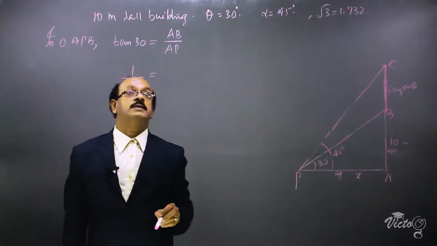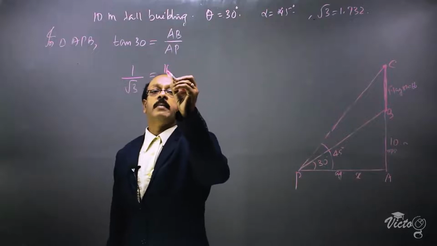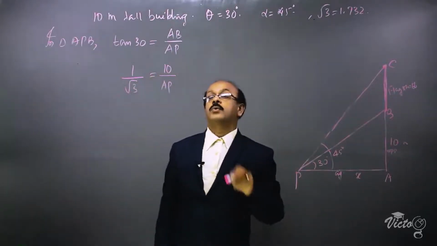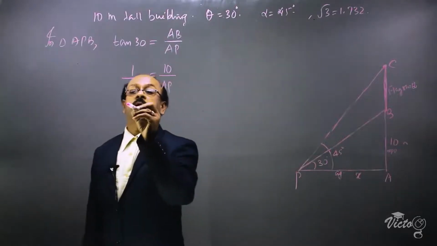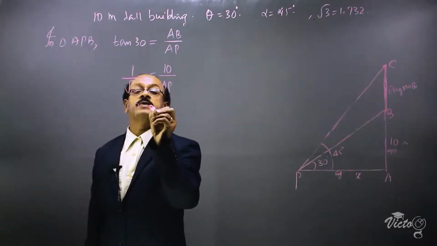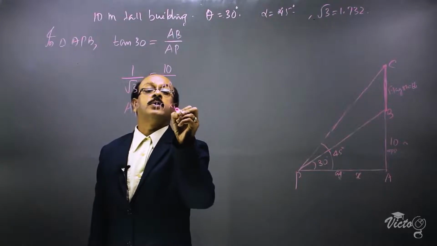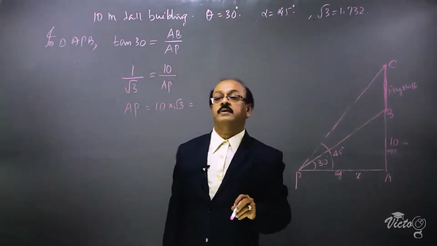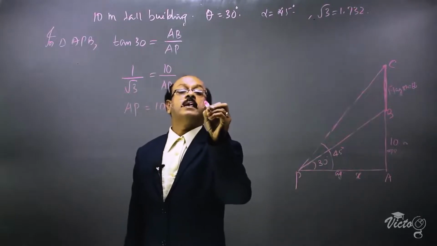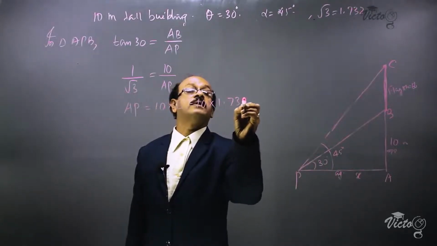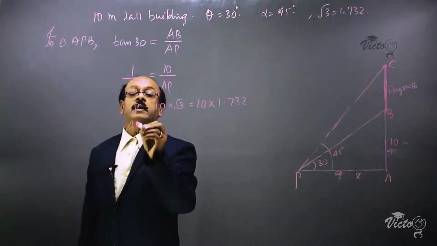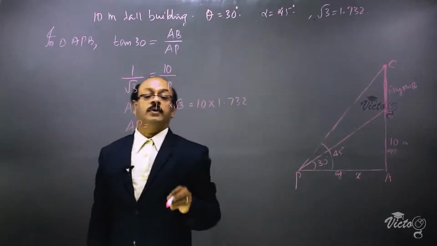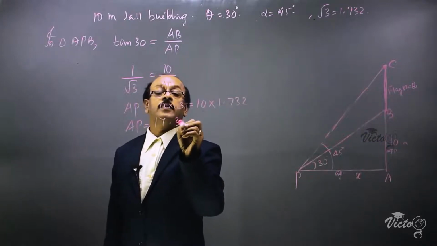1 by root 3 is equal to 10 divided by AP. Now cross multiplying, AP into 1, it is AP itself, is equal to 10 into root 3. The value of root 3 is given in the question to be 1.732. It is 10 into 1.732. That means AP is equal to, multiplying with the 10, 17.32.